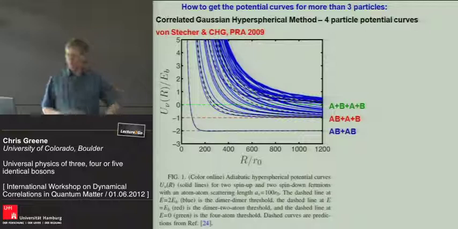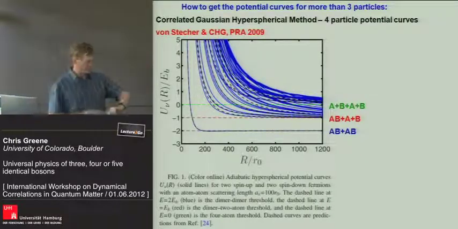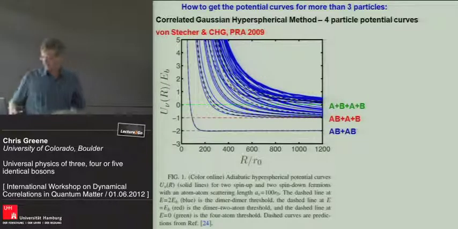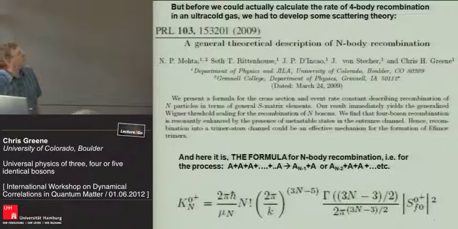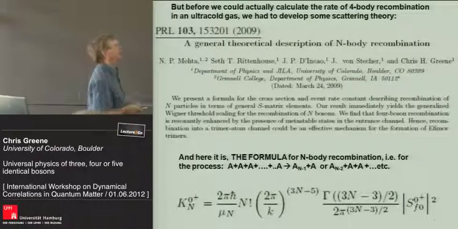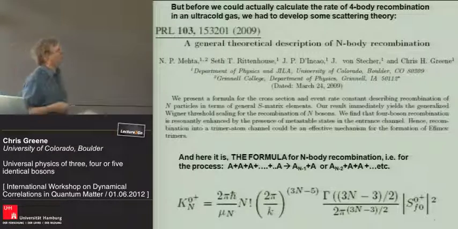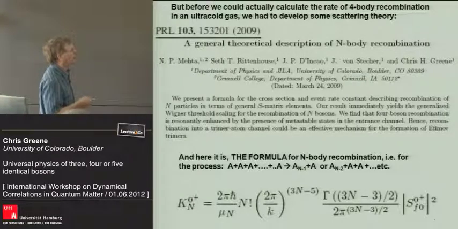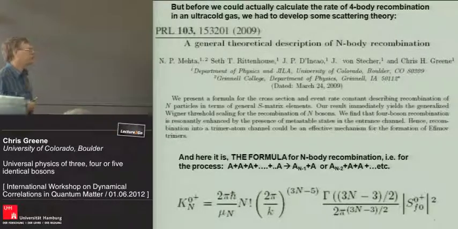I think I have time to say a little about 5 bodies. To go on beyond 3-body recombination, when Seth and Nirav Mehta were in the group, we had to think real hard, but we finally derived an n-body recombination formula.